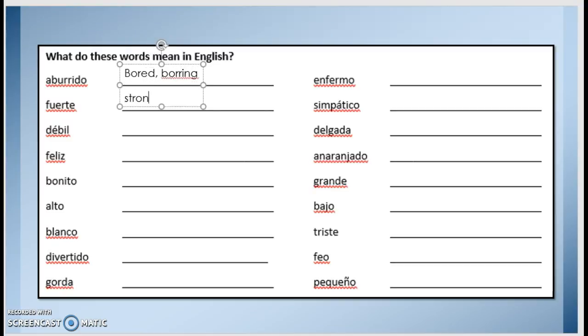And fuerte is strong. Débil is going to be weak. Feliz means happy. Bonito is pretty. Alto, tall. Blanco, white. Divertido is fun. Gorda is fat.